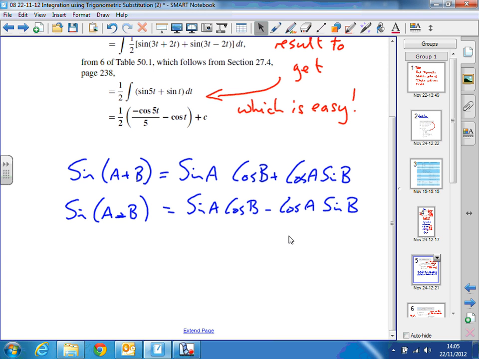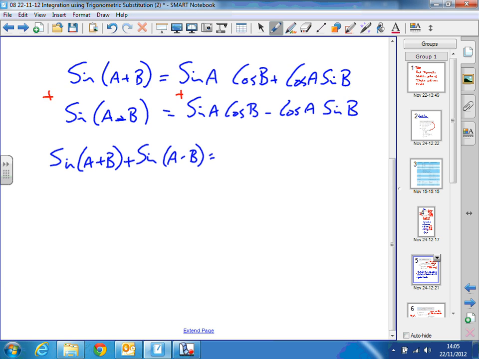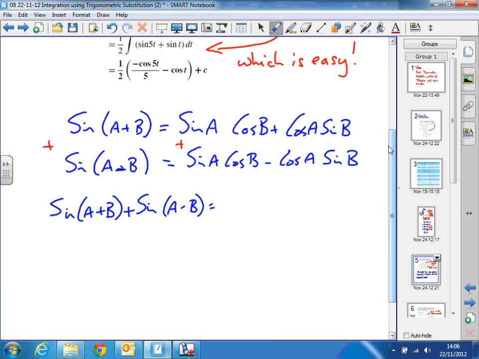Now if we add these sides together, we end up with the sine of A plus B plus the sine of A minus B equals, if we add these, sine A cos B plus sine A cos B is 2 sine A cos B, and the cosine terms disappear, look, adding them together.